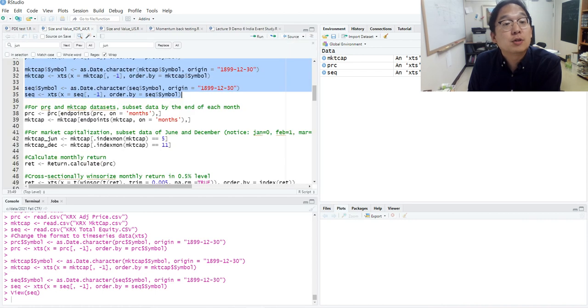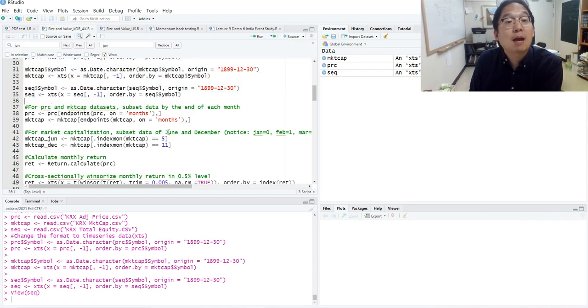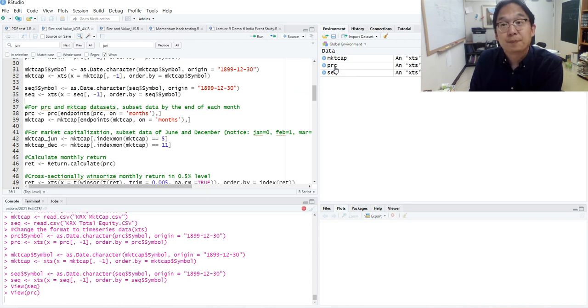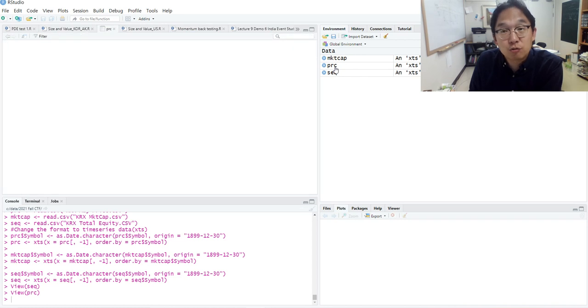Now, close it. For PRC and market cap data set, remember these are daily data. Now what you want to do is reduce it into monthly data by picking up the month end price data. Okay, month end, not the beginning, right?